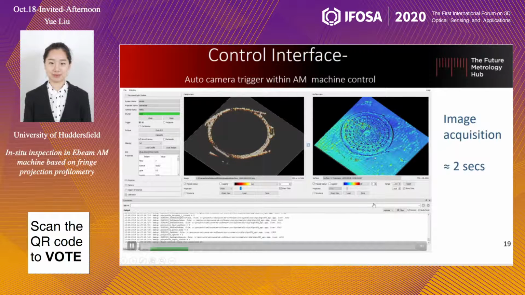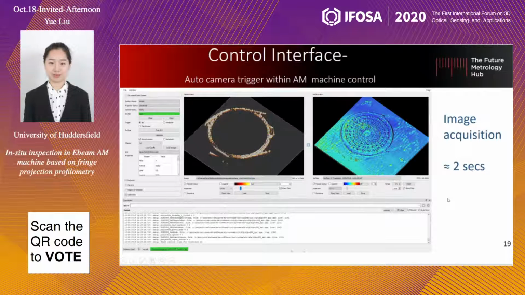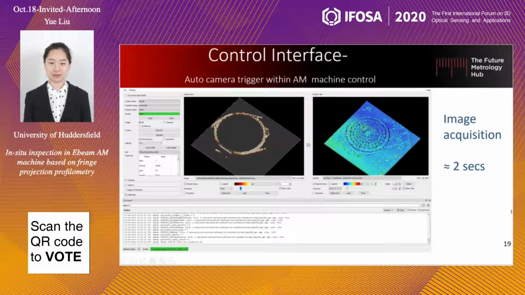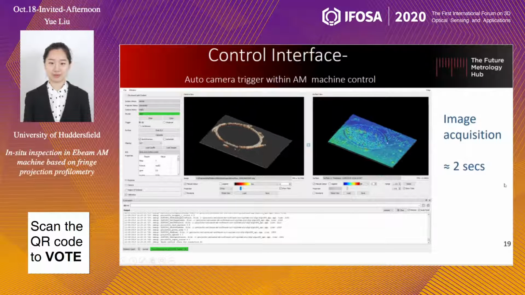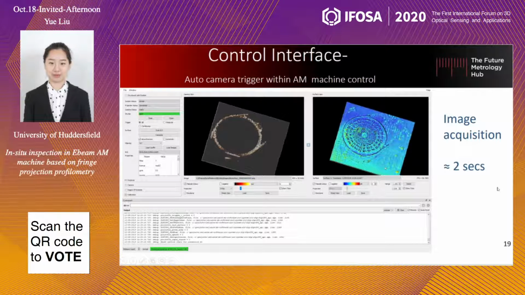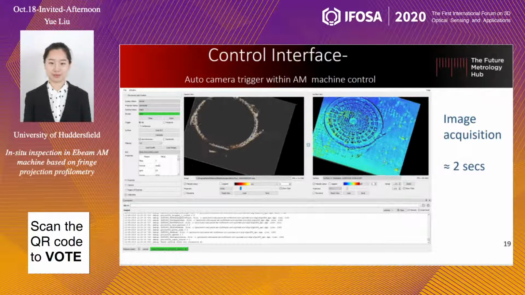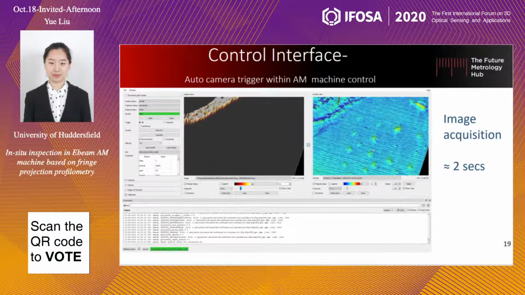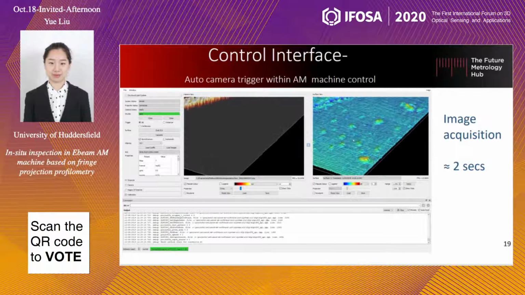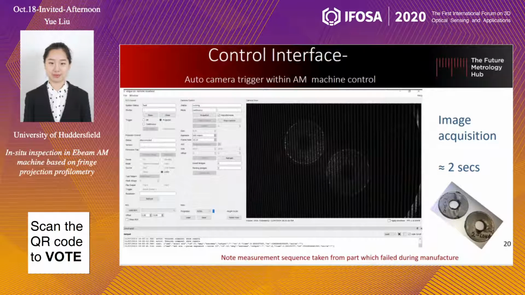We also developed interface software, and this is an example. We can see some defects here, and that is the control software we use to do the measurement.